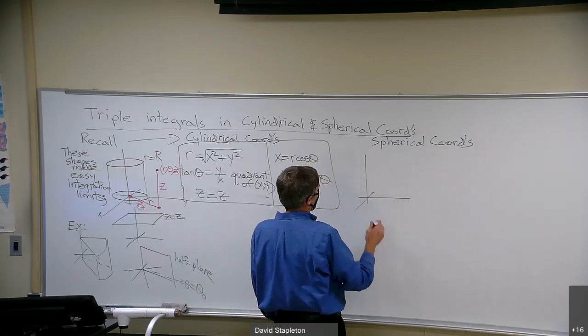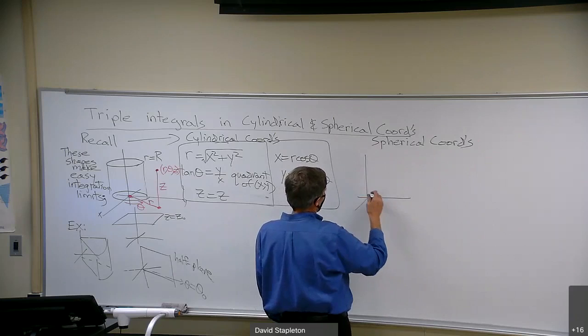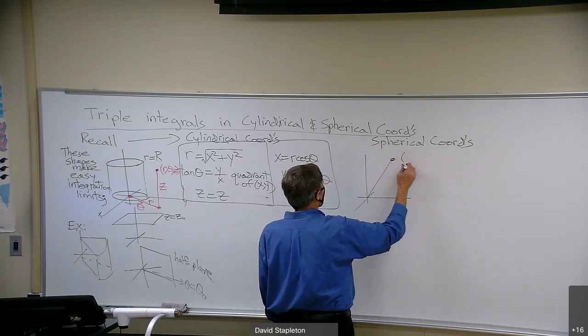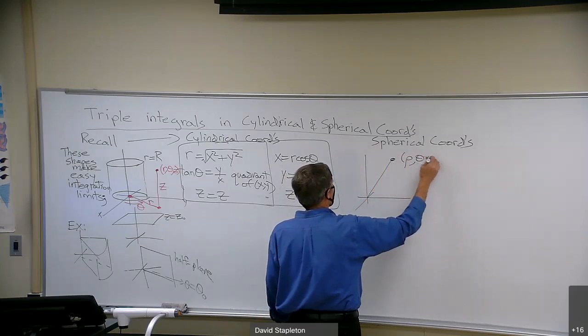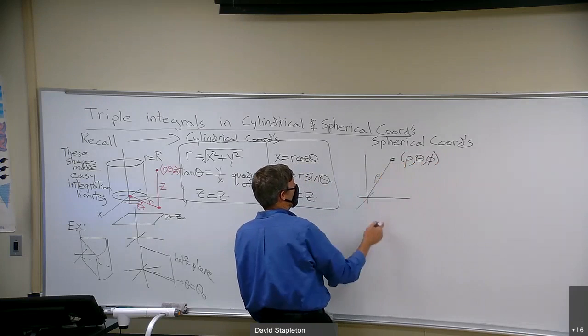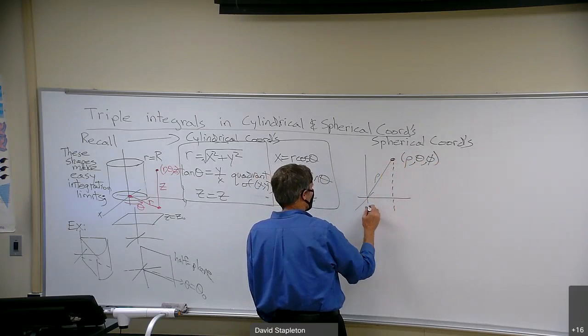These have their name because, if you put rho equals a constant, you get a sphere. But if you take an arbitrary point up here, you can give it coordinates rho, theta, and phi, where rho is the radial distance from the origin. Theta is the same thing you have in cylindrical coordinates.